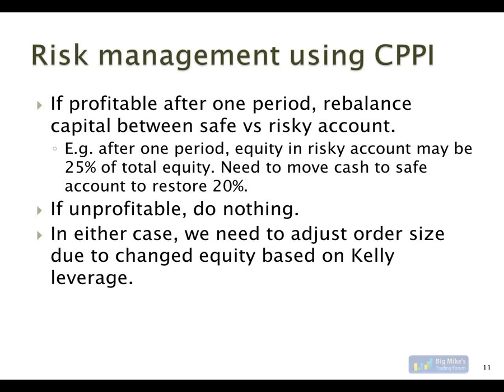So you just adopt Kelly with the goal of maximizing your equity. But if you have somebody looking over your shoulder, your spouse, your boss, the manager of your trading group, and they tell you that if you're down more than 20%, your career is over, then you are forced to adopt CPPI.